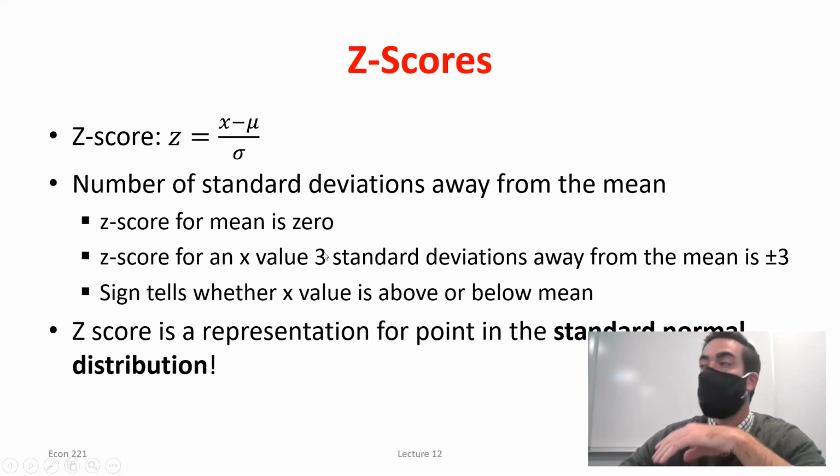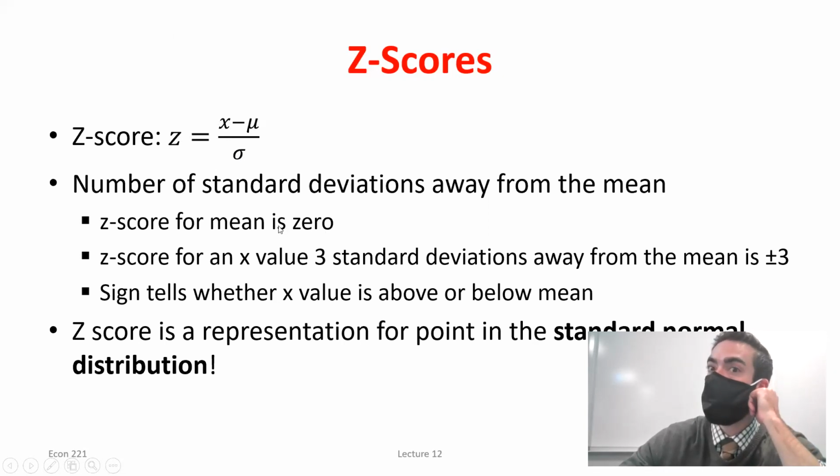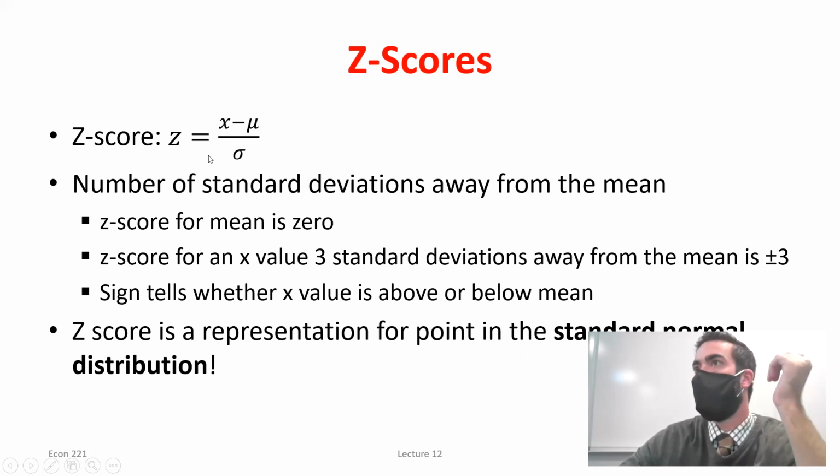The value represents the number of standard deviations away we are in either direction. And just a reminder, the mean will always have a z-score of 0. If we plug in the mean for x, the mean minus the mean is 0, so we get a z-score of 0 for the mean. Okay, so these z-scores are standard normally distributed with a mean 0 and variance of 1.